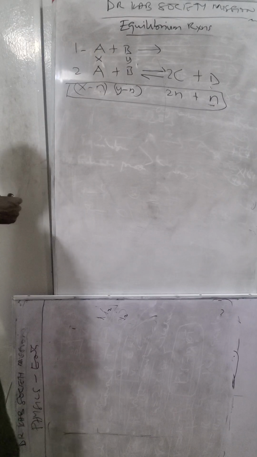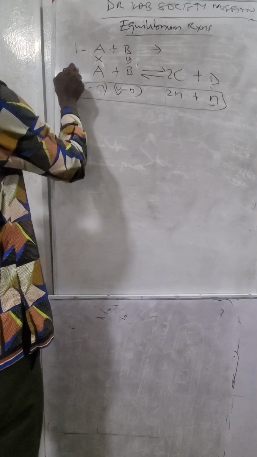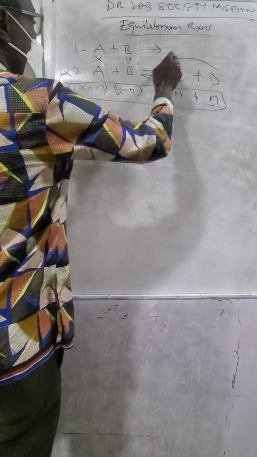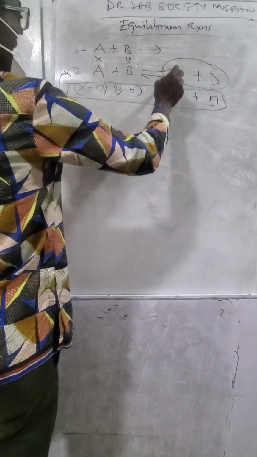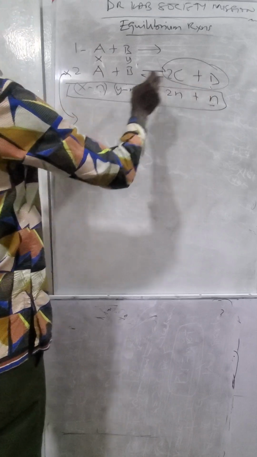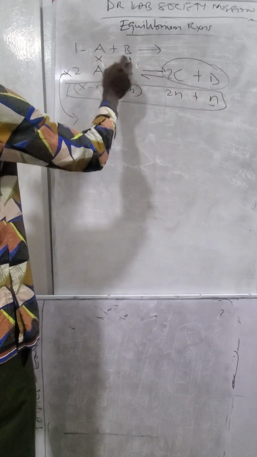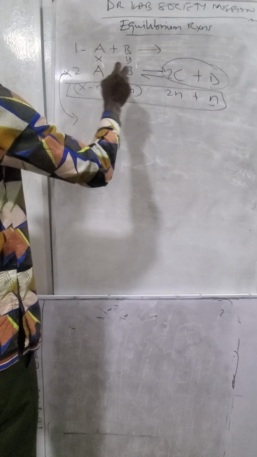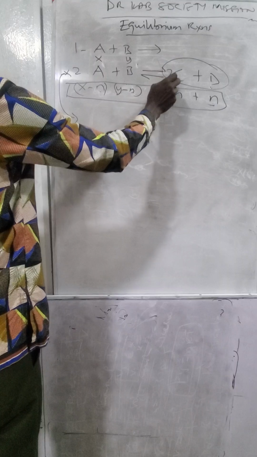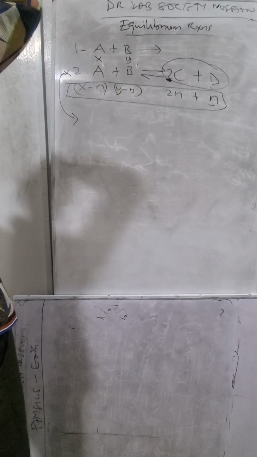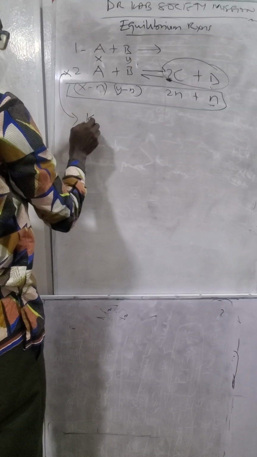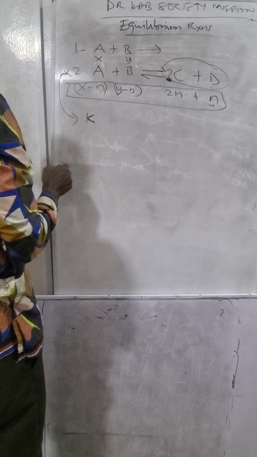Alright. Now the general rule is that at equilibrium, the ratio of the product of the concentrations of the products formed over the concentrations of the reactants, raised to their respective stoichiometric numbers, will always be equal to a constant. Let's say the K. This is what I mean.